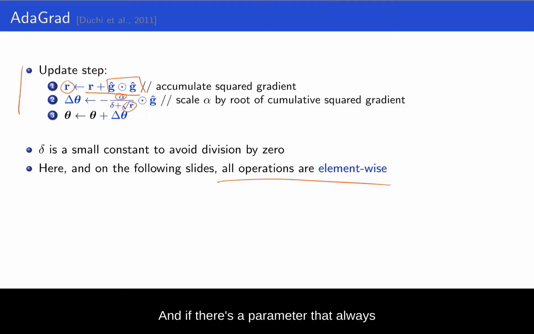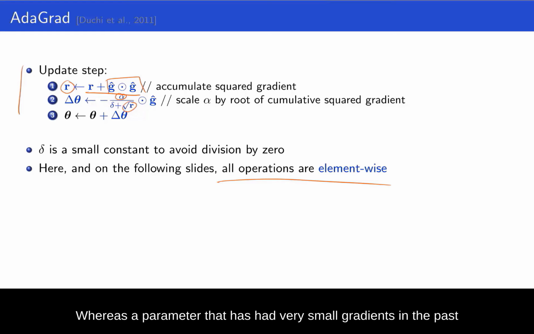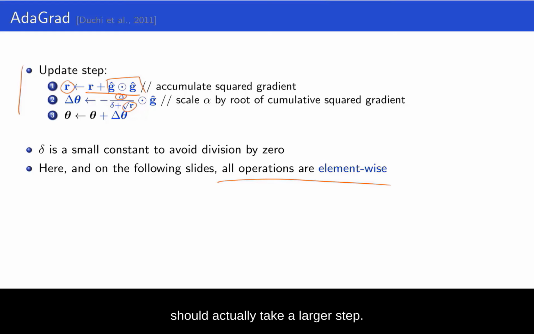If there's a parameter that always has this really large gradient, then the fact that it has a large gradient right now doesn't really mean so much. And so we should dampen the updates of that parameter, whereas a parameter that has had very small gradients in the past and now has a large one, there we should actually take a larger step. And just one detail that I haven't mentioned so far, this delta in the denominator here is just a small constant to avoid division by 0. So this is the whole Adagrad algorithm.